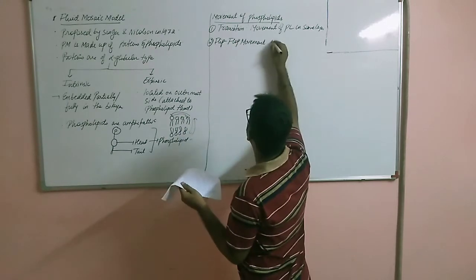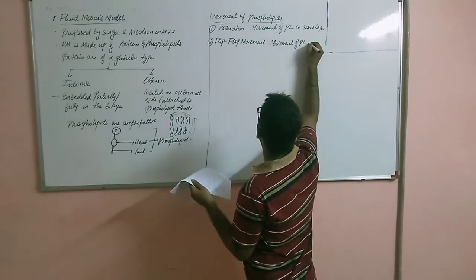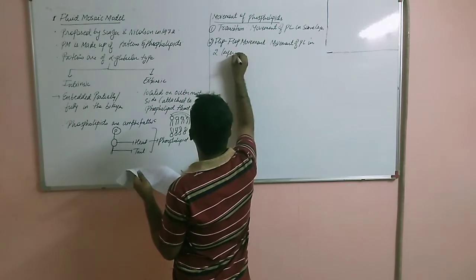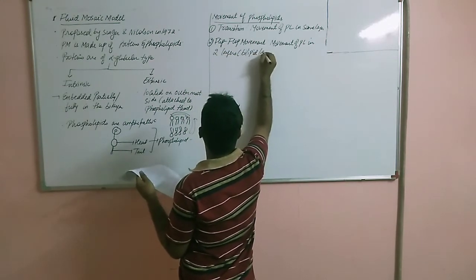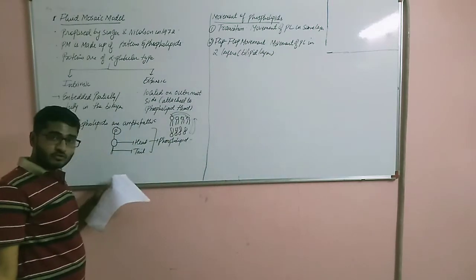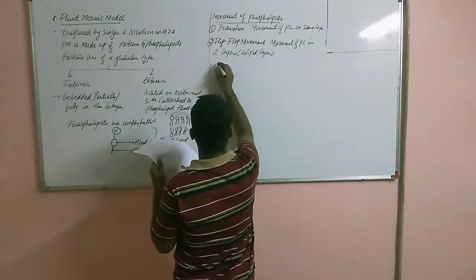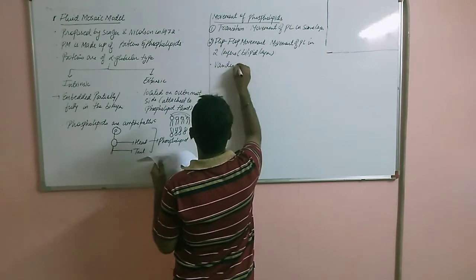So flip-flop movement is the movement of phospholipid in two layers, that is the bilipid layer. Again, the force of attraction between these phospholipids is the weak van der Waals force.